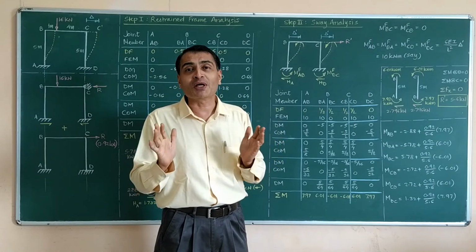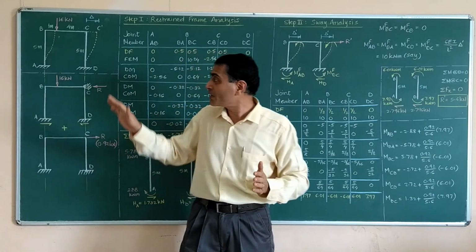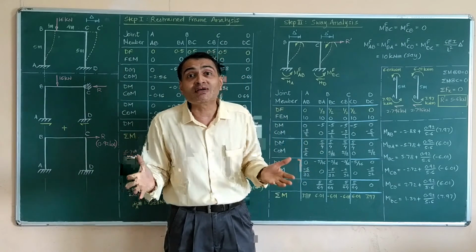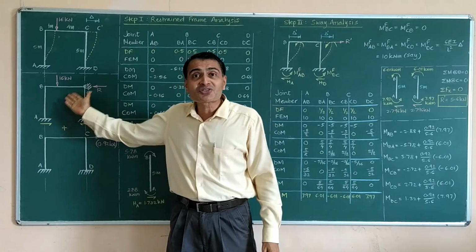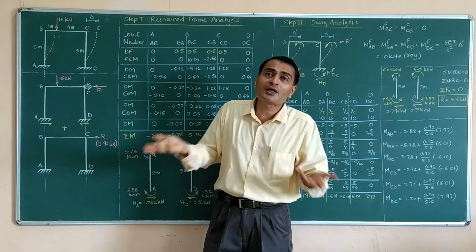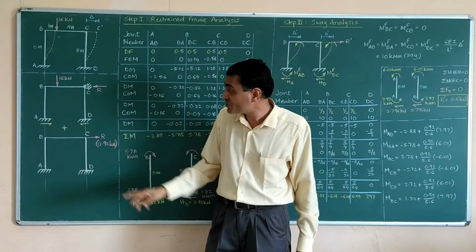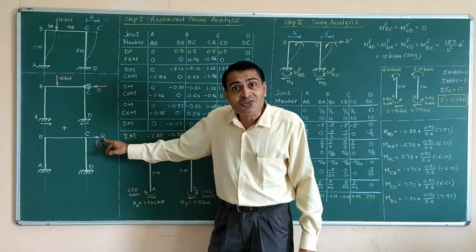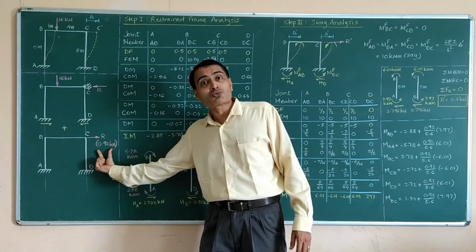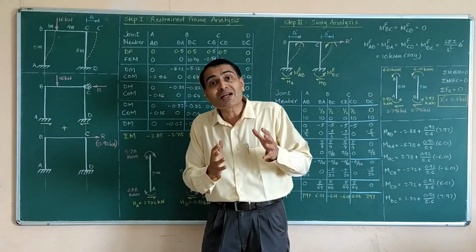All this you can do very well now. But see that you have understood the gist of this method. Non-sway analysis, conventional. We already know how to analyze non-sway frames. In sway analysis, though we do get this value, we can't go ahead with that value.